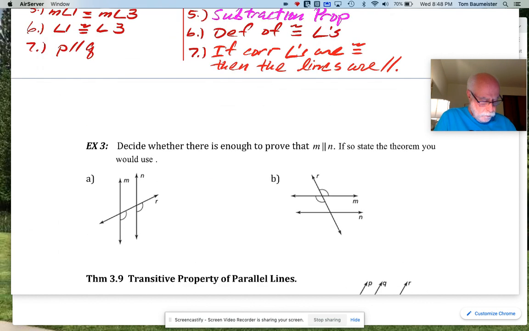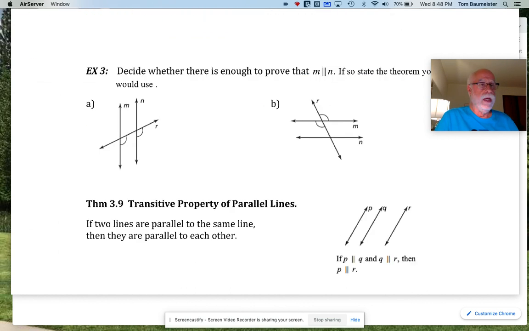So example 3: decide whether there is enough information to prove that M is parallel to N. If so, state the theorem that you would use. On this one, you'll notice they have this angle marked and this angle marked.